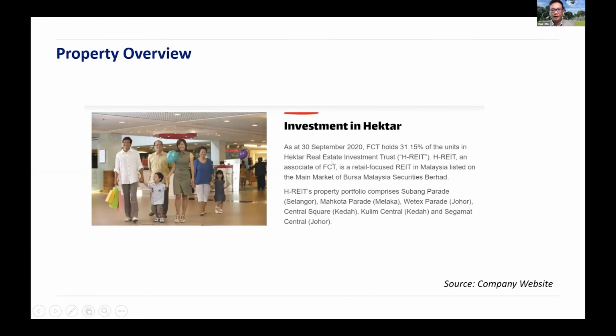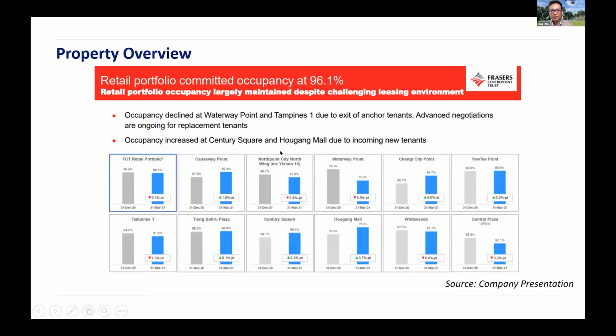Okay, so they have a small investment in Hektar. I'm quite sure you're familiar with Hektar, but in terms of percentage, I think it's about 10-20%. Sorry, I cannot remember the numbers, but this is not significant from the overall portfolio perspective. Okay, so same thing, the occupancy is very high, 96%.